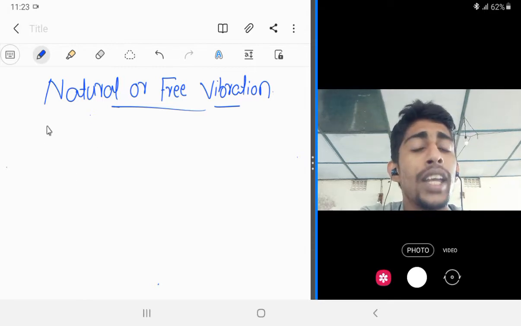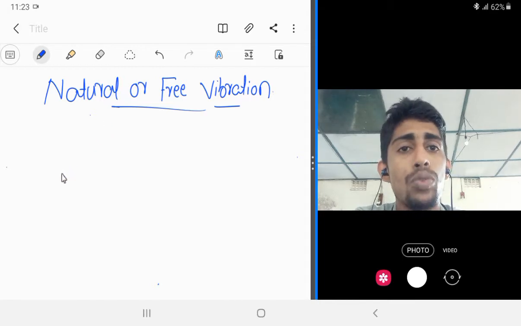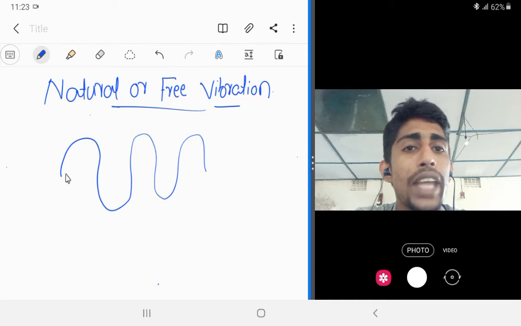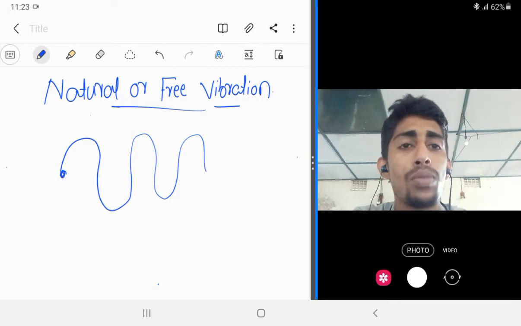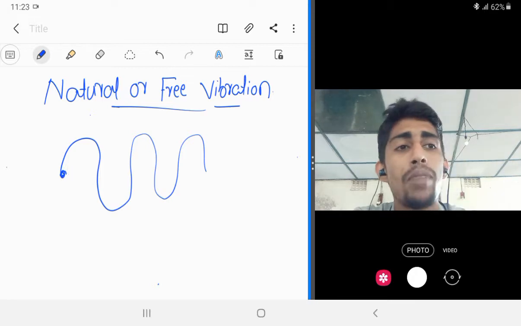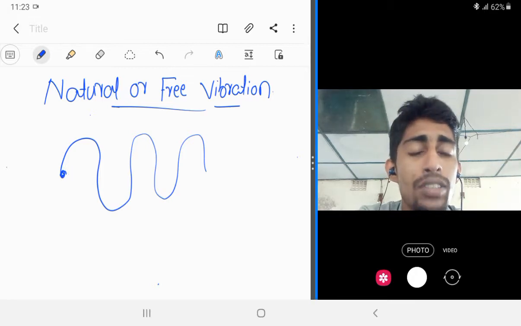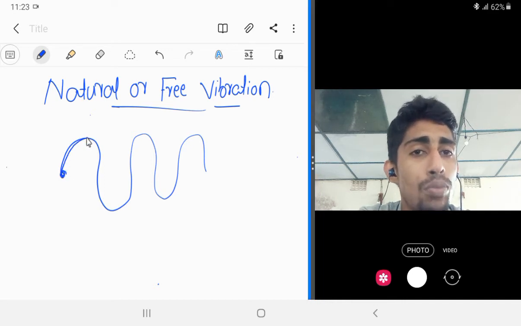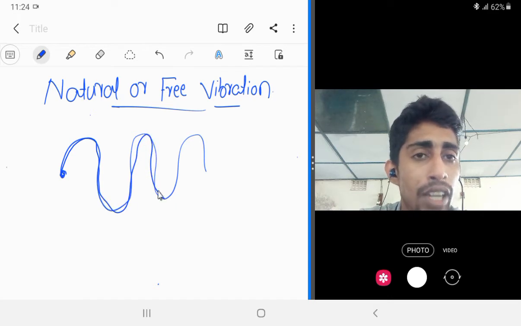So we can take the movement of sound. The sound is moving like this only. We can take the original position of the sound as here. Then when we give a sufficient amount of energy, the object will start to move, firstly up, then it will come down, again move up, then again come down.